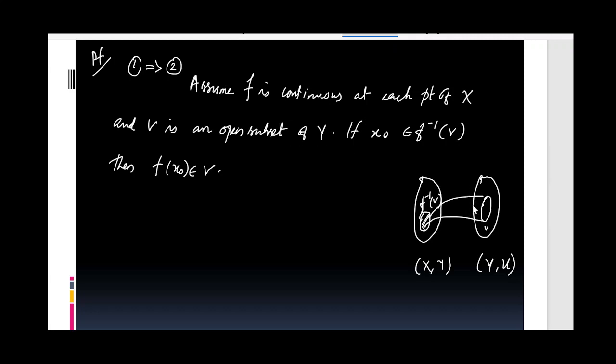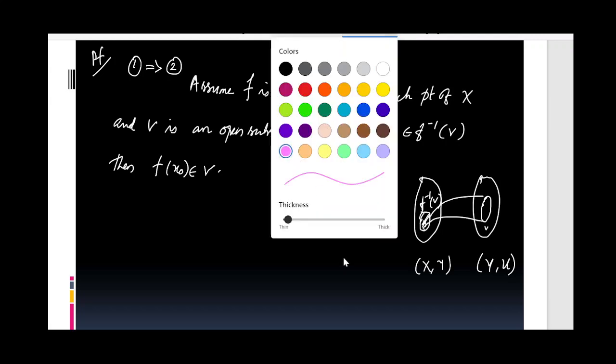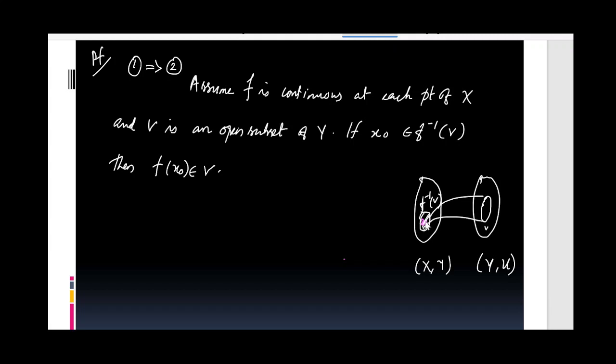Now if x naught belongs to f inverse of V, that means here we have a member x naught, then f of x naught will be inside this. What's the reason? Since we assumed that f is continuous, we have f of U contained in V, right?